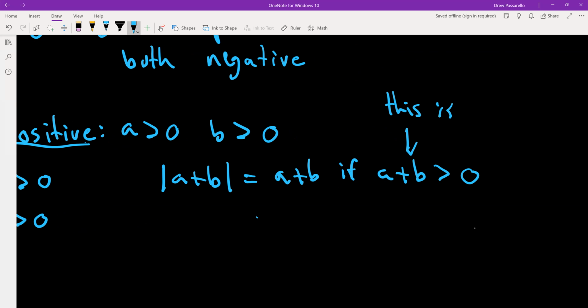So this is the case, since the sum of two positive numbers is positive. So the absolute value of a plus b is equal to just a plus b.